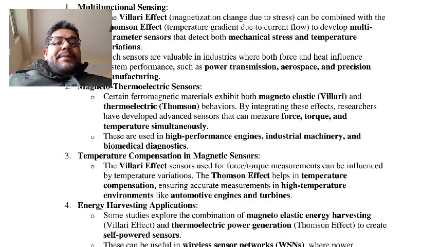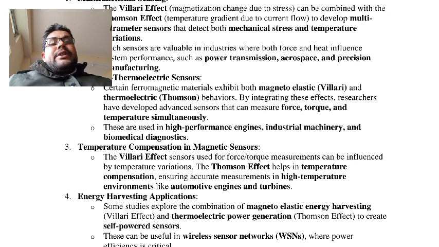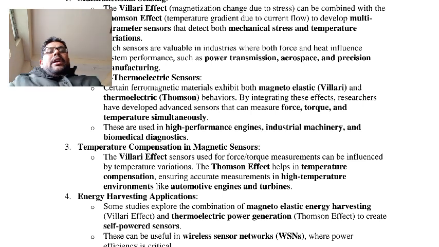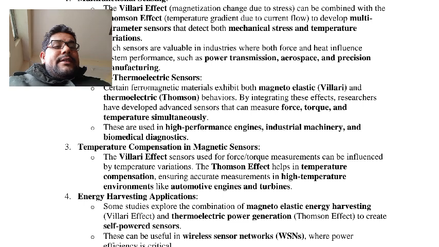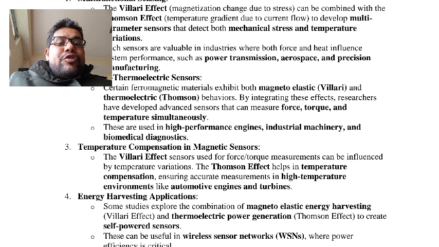Second is temperature compensation in magnetic sensors. If temperature compensation is not done, the reading taken by the instrument may be in error. The Villari effect sensor used for force and torque measurement can be influenced by temperature variation.